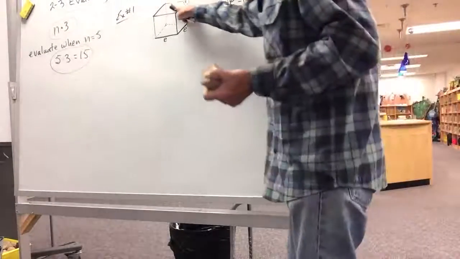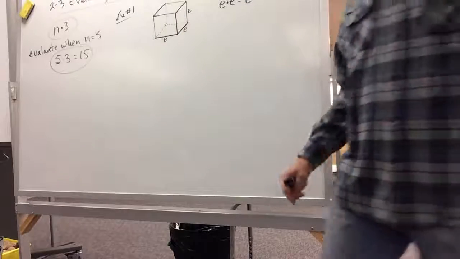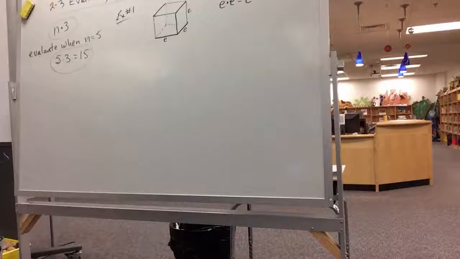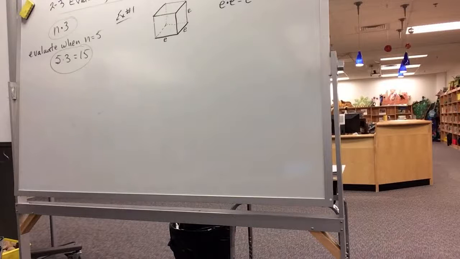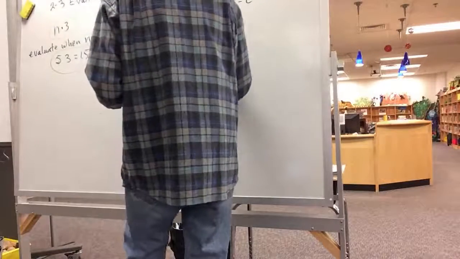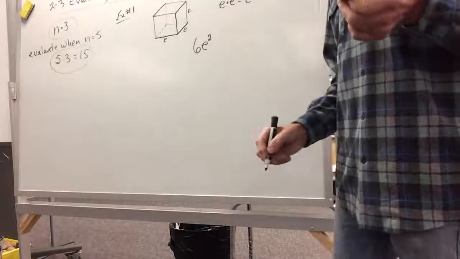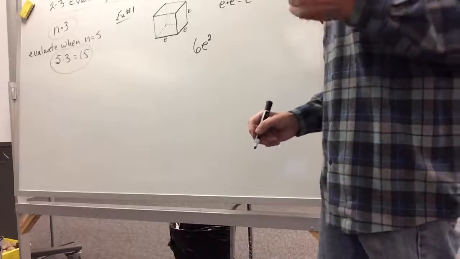And because there are 6 of these sides that are all the same size on my cube, we can just add them all up. But instead of adding e squared plus e squared 6 times, you just say 6 times e squared. So that's where they get this, 6 times e squared. That's equal to the surface area.